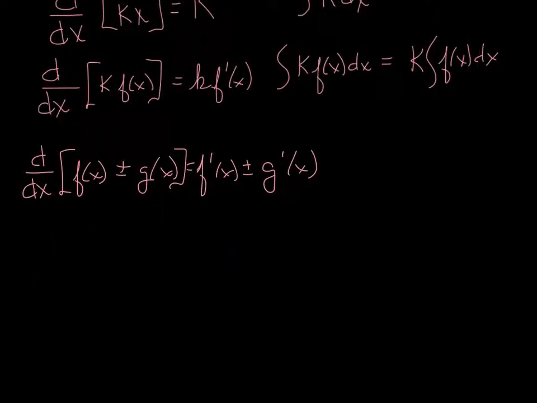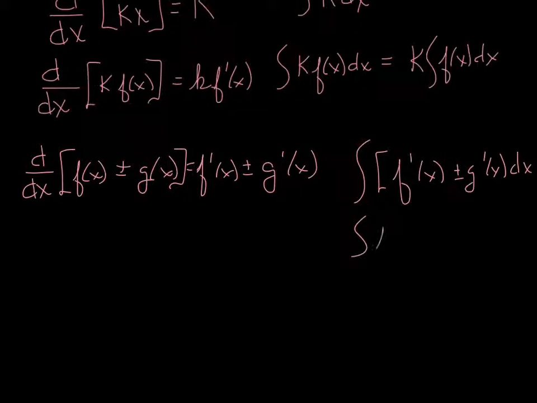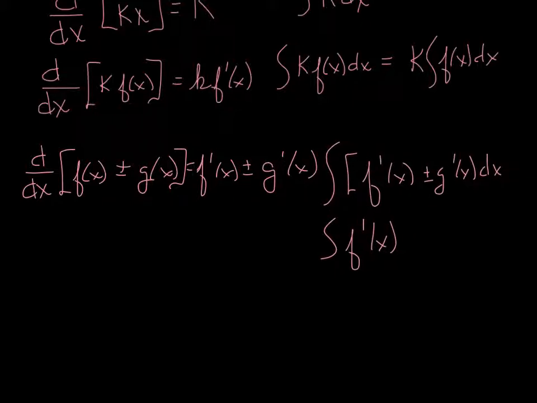If we want to take the integral of f of x plus or minus g of x dx, we can write that as two separate integrals. So they can be separated. Sometimes that's helpful, sometimes not so helpful, but you can do that if you want to. But those are just some properties.